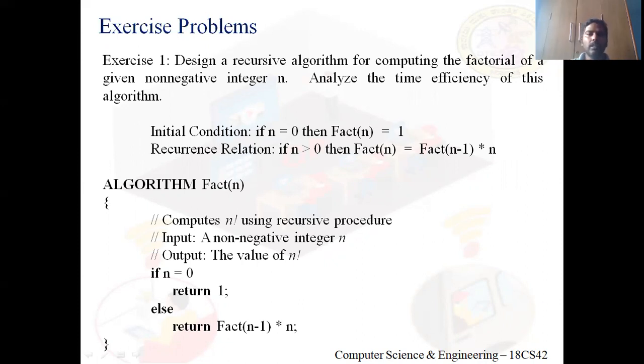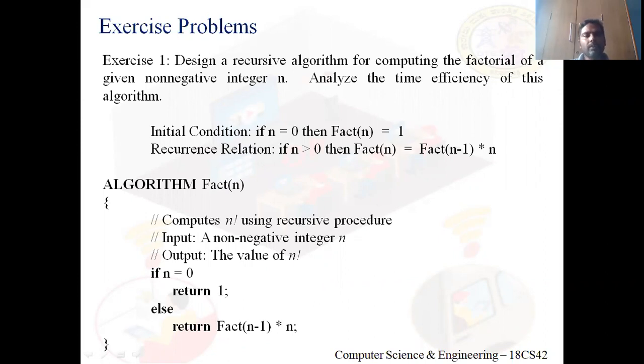Okay, coming to the first problem, what is the problem statement? Design a recursive algorithm for computing the factorial of a given non-negative integer n. Then analyze the time efficiency of this algorithm.